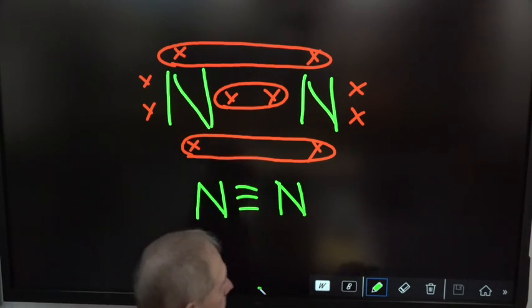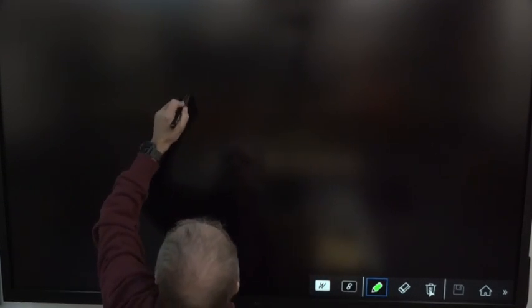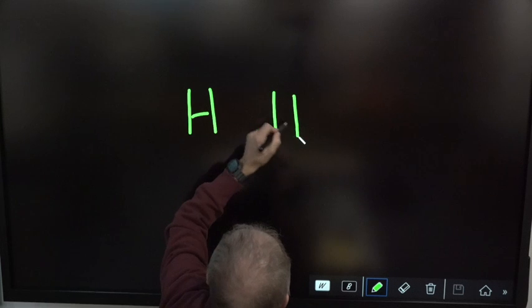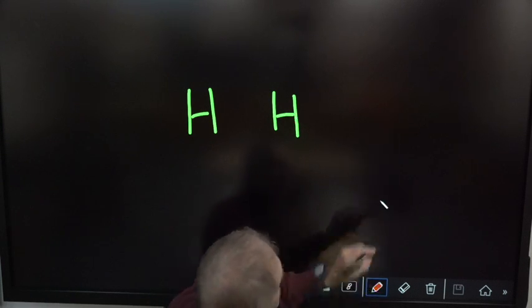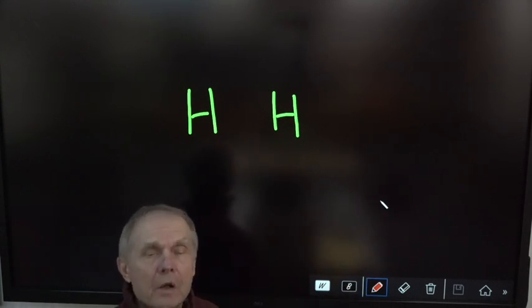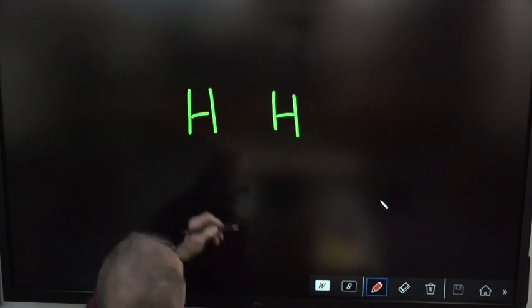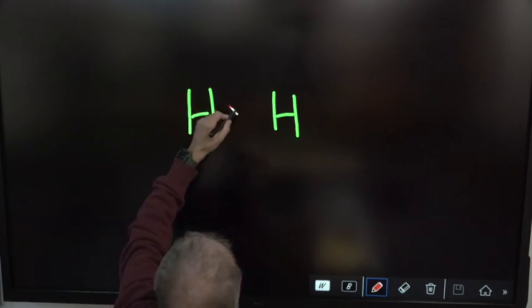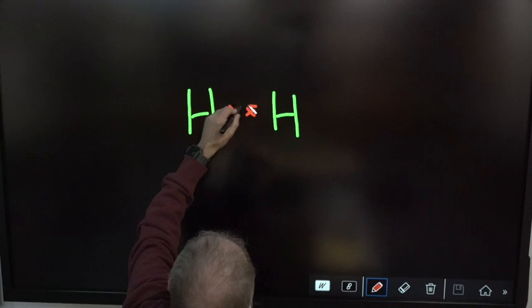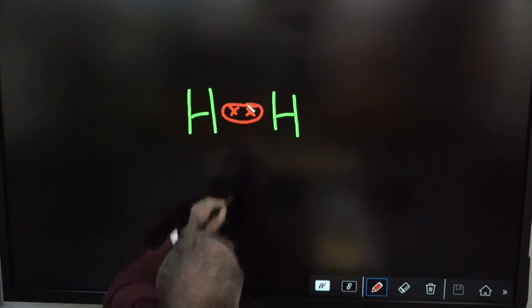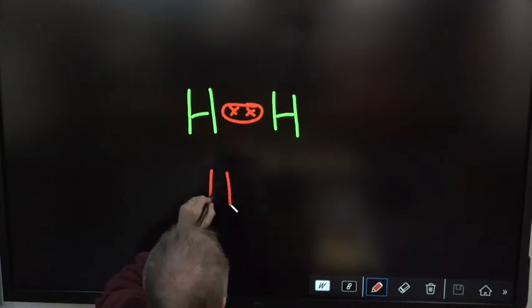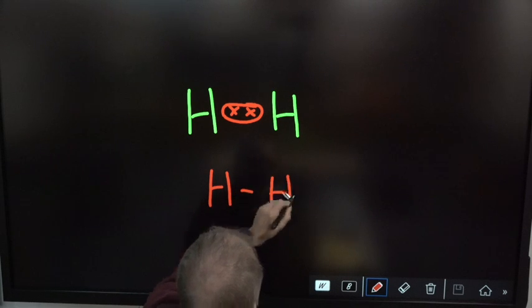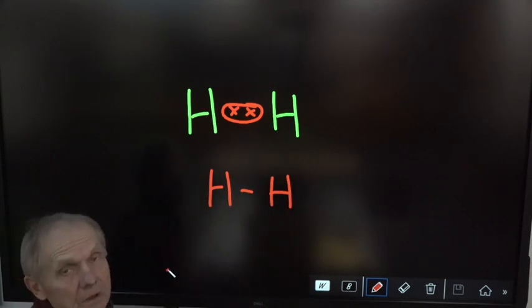One more. H, and H. Now, hydrogen is in group 1, only got one valence electron. So I have one here, and then this shared pair is shared equally, so it will be H dash H. That's hydrogen.